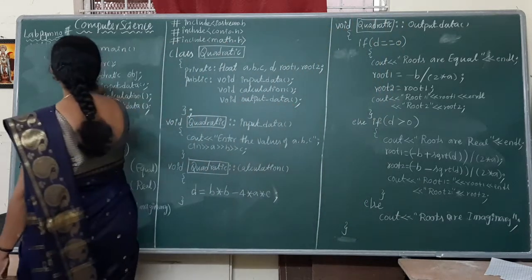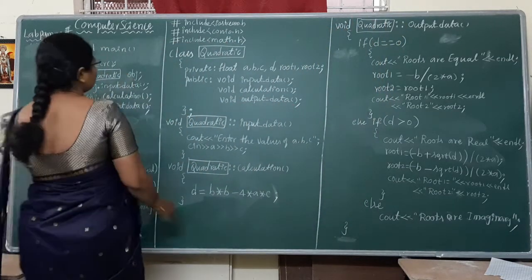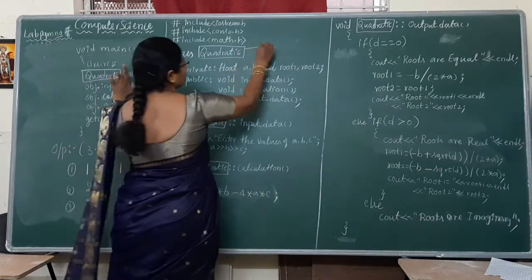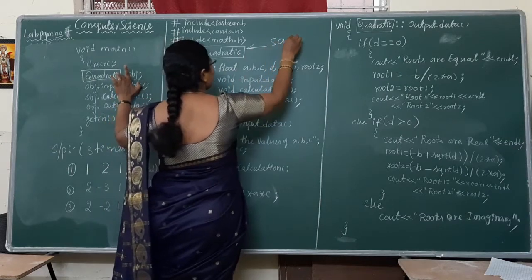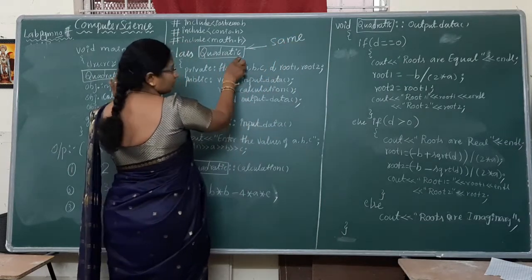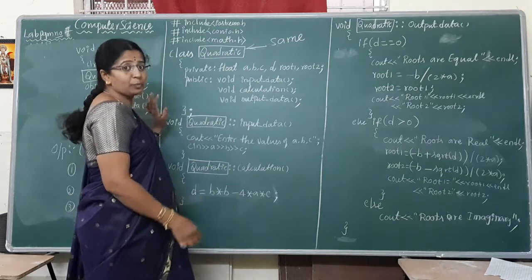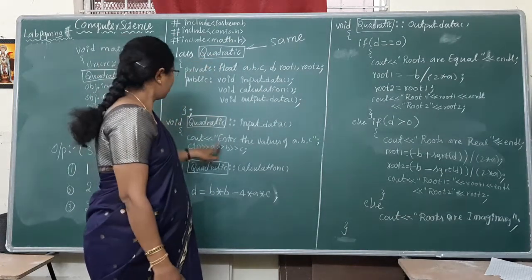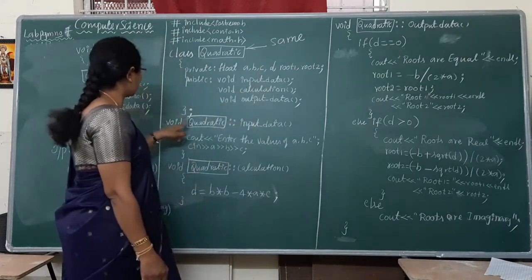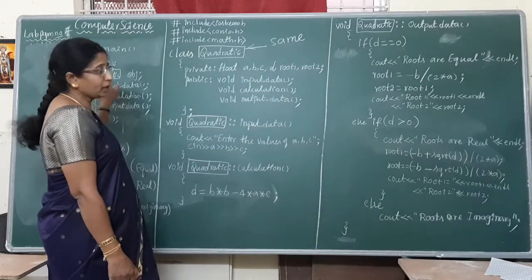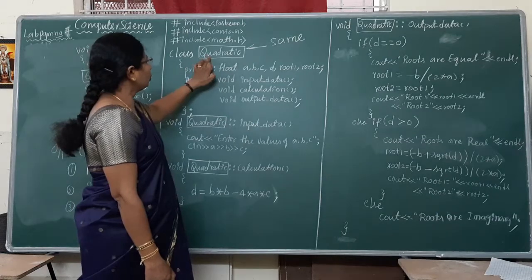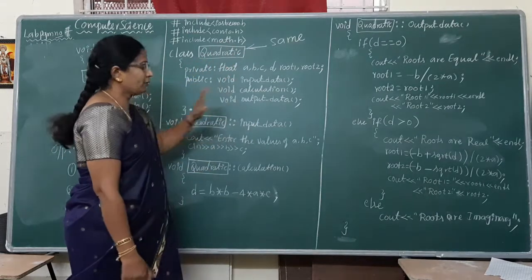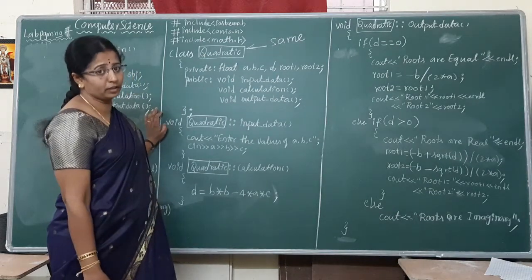All 1, 2, 3, 4, 5 should be the same in format, spelling and pattern. Here Q is a capital letter. Throughout the program you should use a capital letter. And the spelling of QUADRATIC should match. Otherwise you will get many errors.